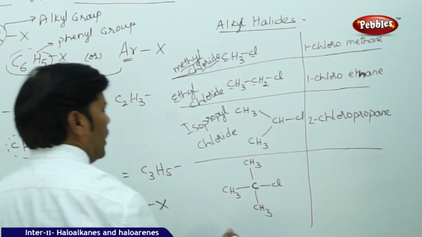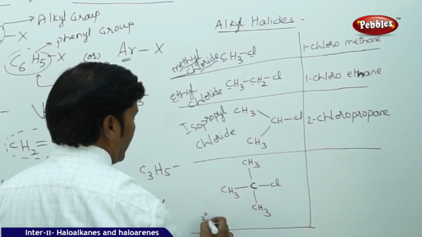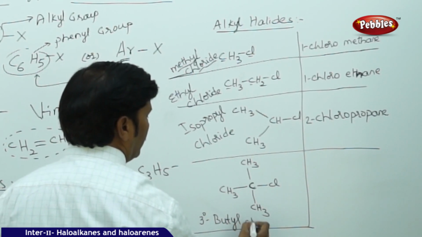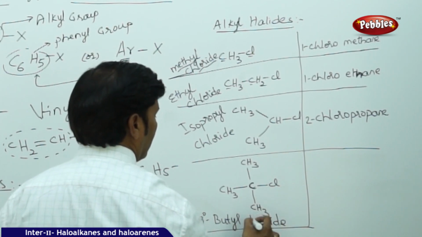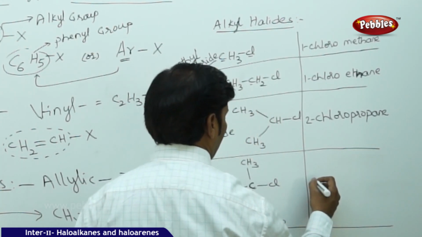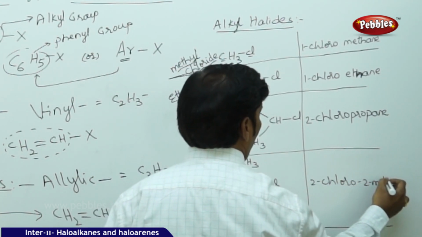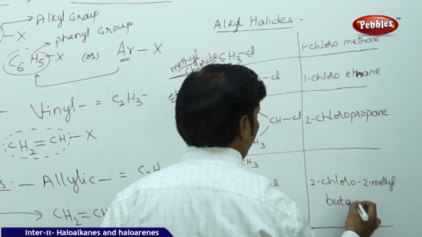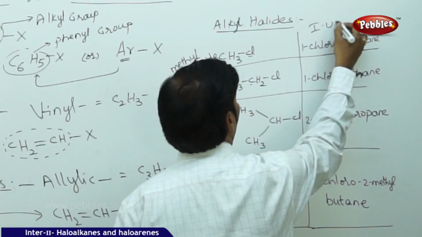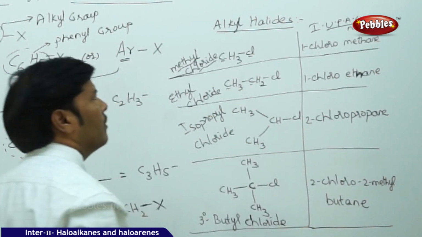If you want to write the common or trivial name for this compound, you can simply say tertiary butyl chloride, and the IUPAC name is 2-chloro-2-methylpropane.